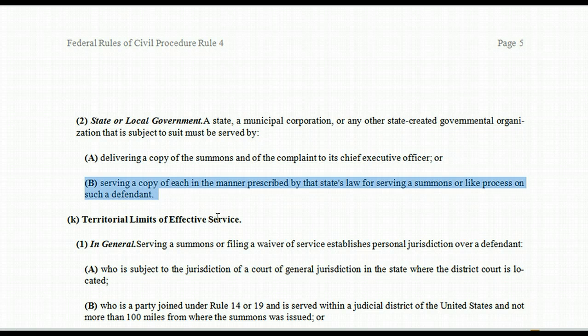This is a local government in Tennessee, and so the Federal Rules of Civil Procedure for (j)(2) actually incorporate the manner in which Tennessee state law allows this type of defendant to be served. So we don't just immediately say, oh, well, this court is in Tennessee, and so any way that Tennessee allows is okay. The reason that that is true is because the Federal Rules of Civil Procedure say so.